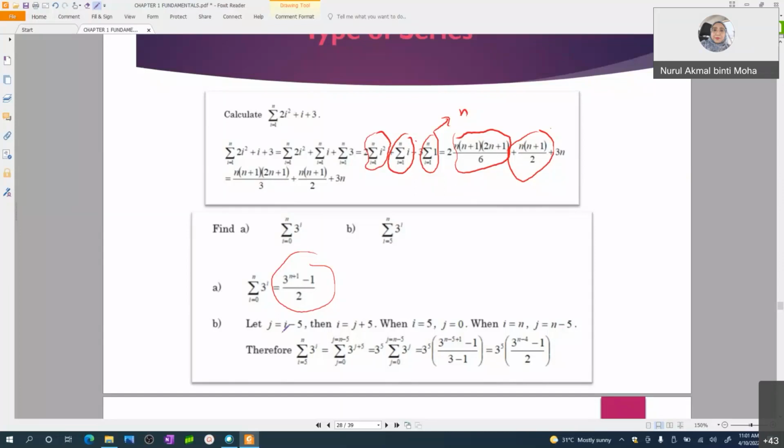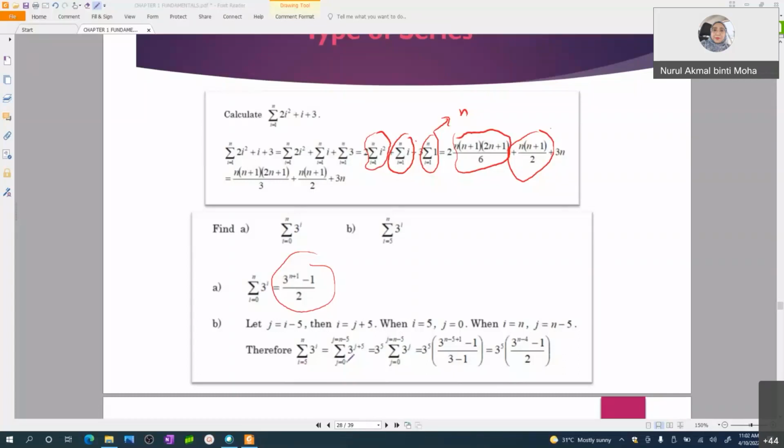So what you need to do is to apply this kind of formula, where i starting from 5 up to n is actually equal to j starting from 0 up to n minus 5. So you manipulate the value so that the index for the sigma is not i anymore, but you choose another one, which is j.